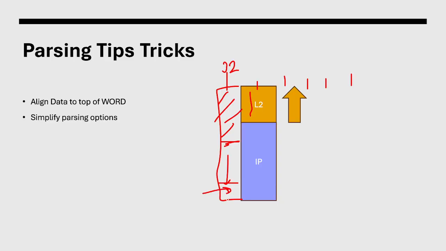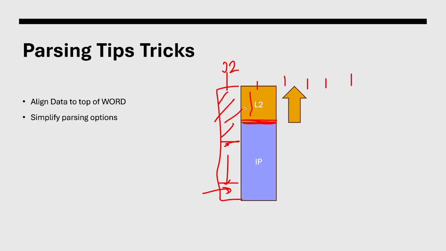So there are multiple possibilities, and accordingly, your L2 parser and L3 parser have to be sophisticated enough to do all this. Now, in this case, I'm showing you if the IP starts, let's say, somewhere in the middle of this cycle, and this starting point can move. This is quite complicated to parse in hardware, an FPGA or an ASIC, because you have to basically design for every possible alignment.